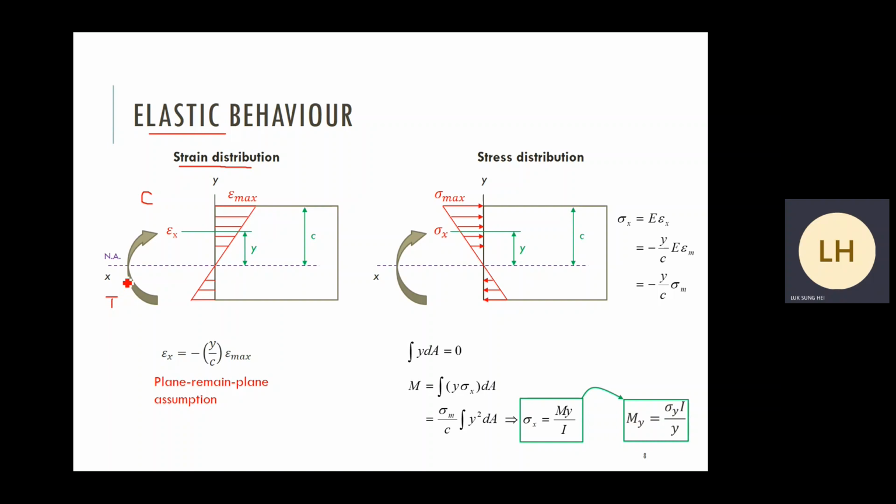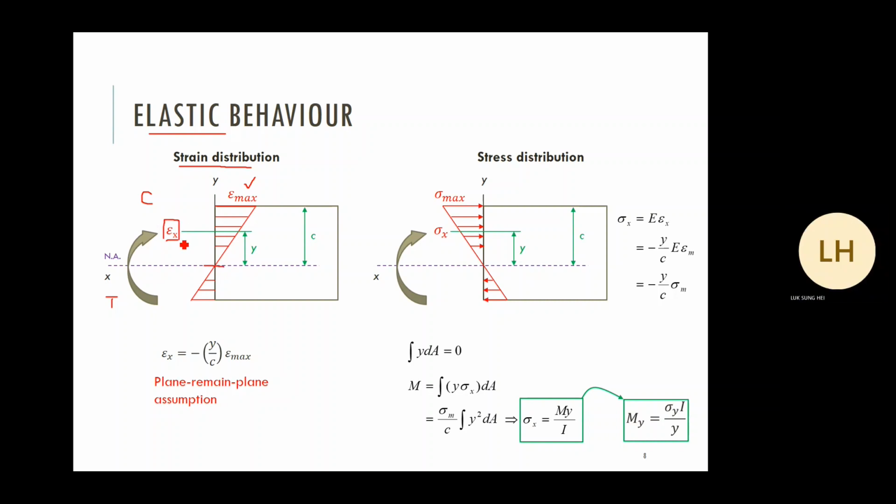Strain profile is a linear profile because of the plane-remains-plane assumption. Assume that maximum strain appeared at the top level. We call that epsilon max. Epsilon x is the strain level at one arbitrary level, at level y, at distance y above our neutral axis.